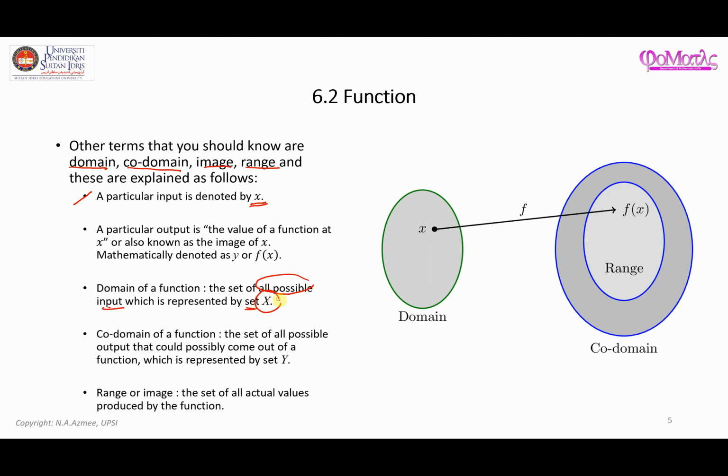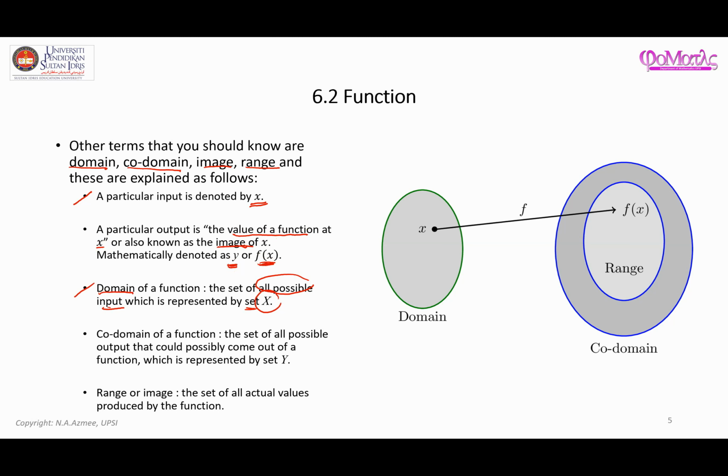So we have a set of X and it is called domain of a function. Now, when you talk about a particular output, which is value of a function at X, it is denoted by Y or f(x). So this is the notation used for a particular output, and another name for that is image of X.